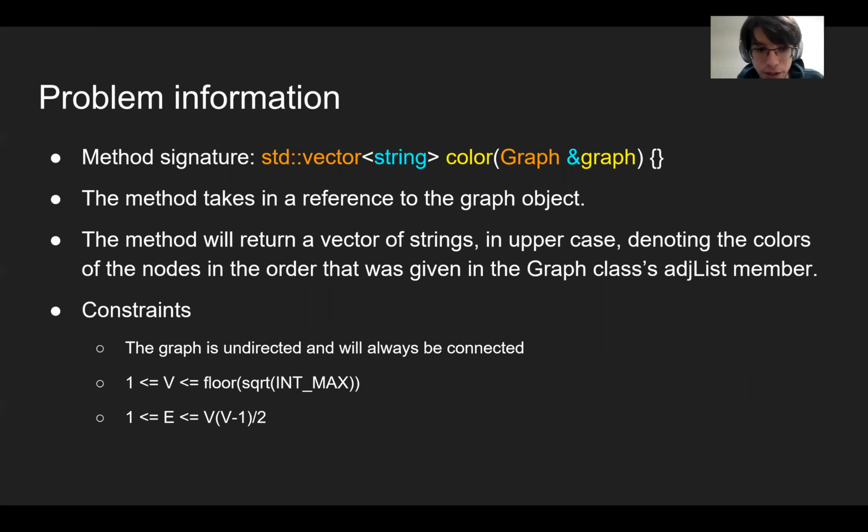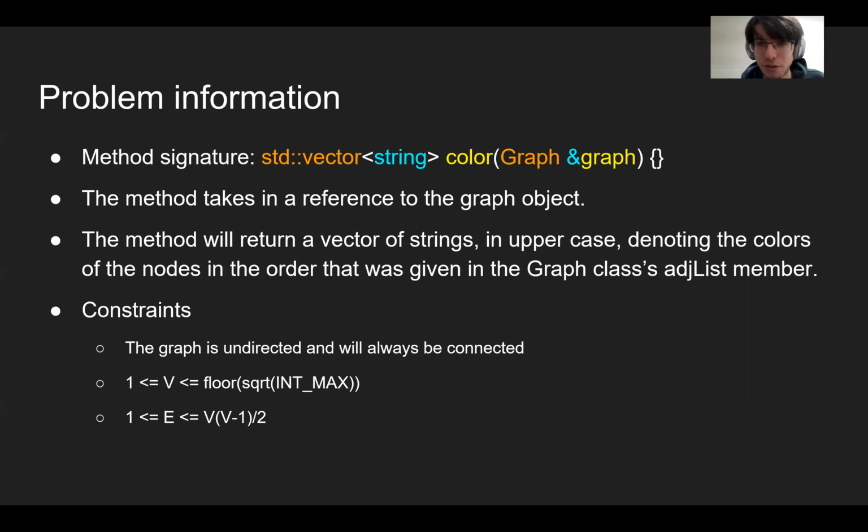The constraints are, it's an undirected graph. It'll always be a connected graph. We won't give you a disconnected graph. The number of vertices is less than or equal to the floor of the square root of the maximum value of an integer in C++. And the number of edges is less than or equal to v times v minus 1 over 2.